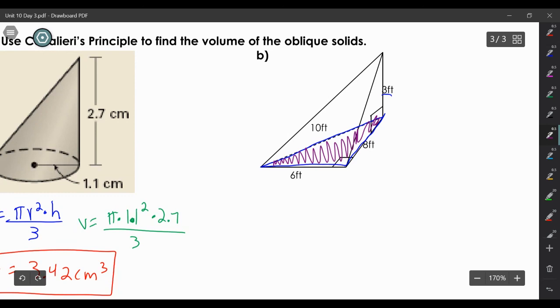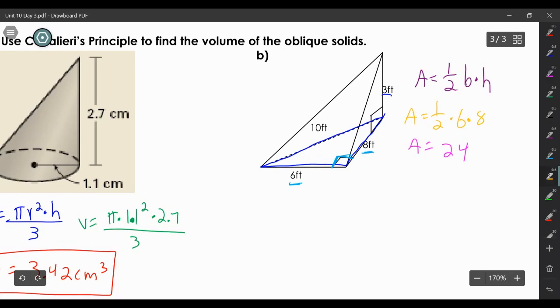Remember, the area of a triangle is 1/2 base times height. In this triangle, the base and height are 6 and 8 because they form a right angle. So the area of this triangle is going to be 24.